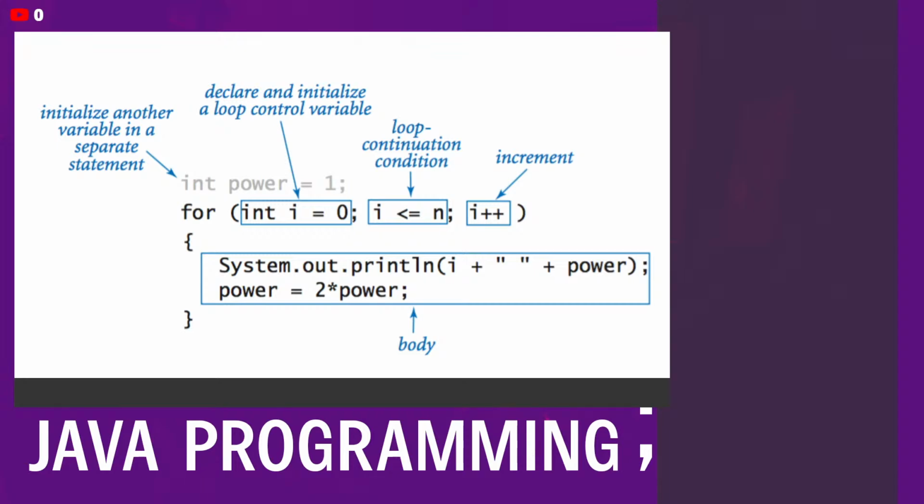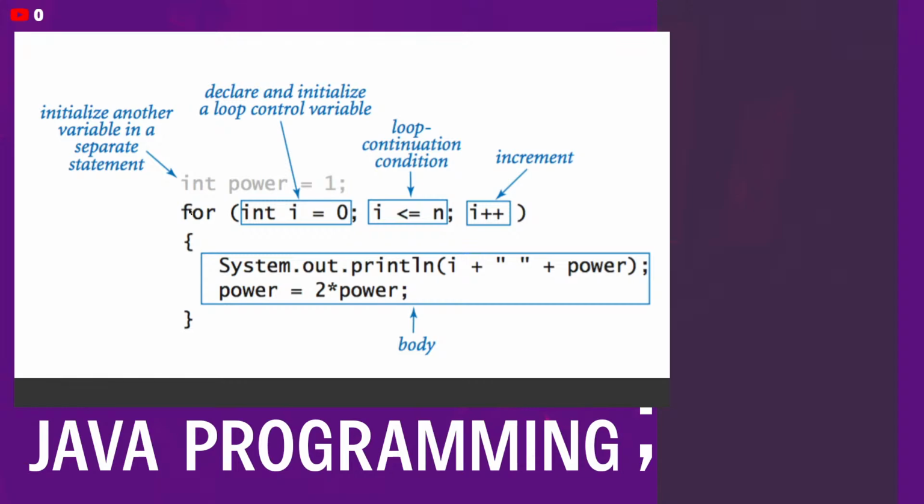So if i is 0, power is 1. We have some unknown value n here in our loop condition statement. We can assume that it was defined somewhere else, or maybe defined by a user.